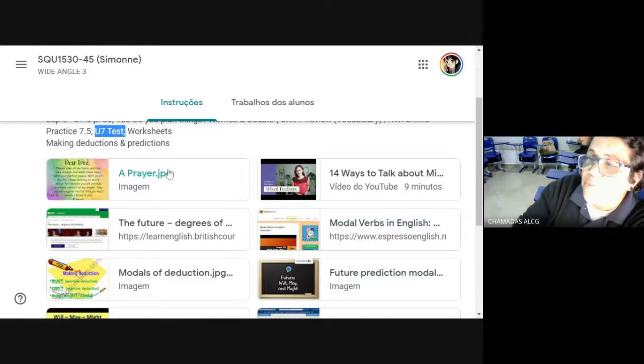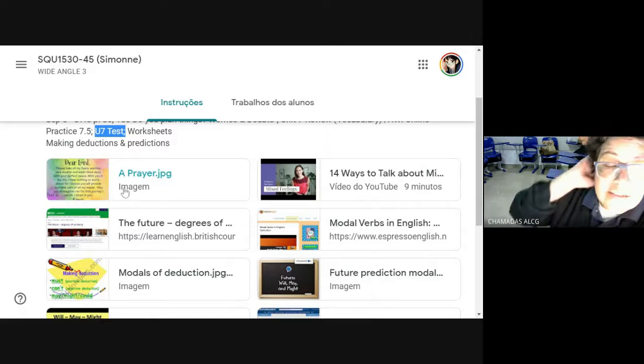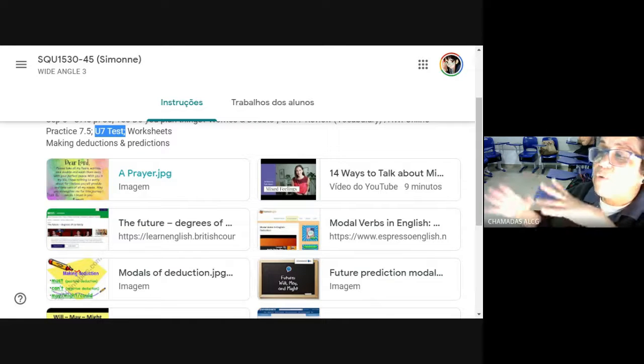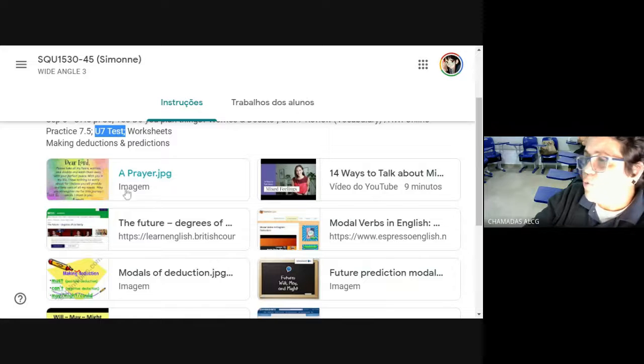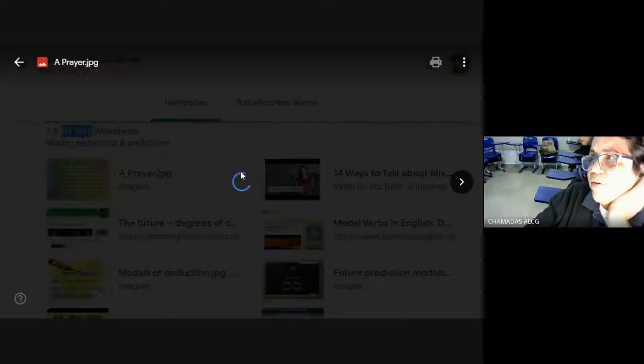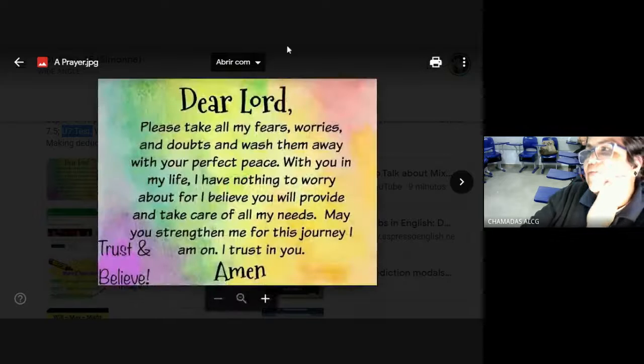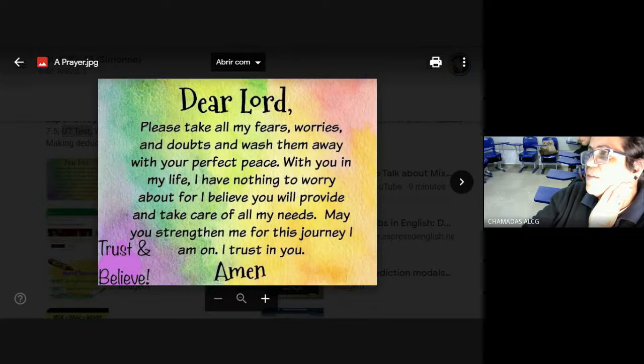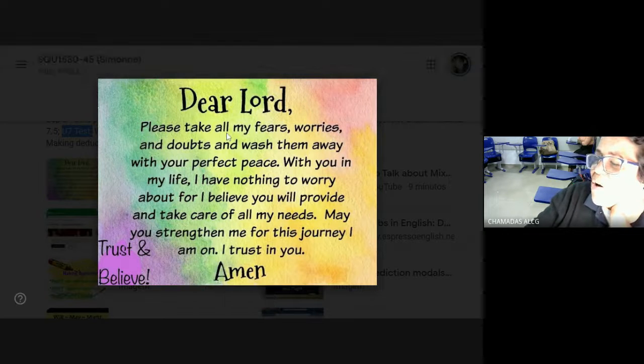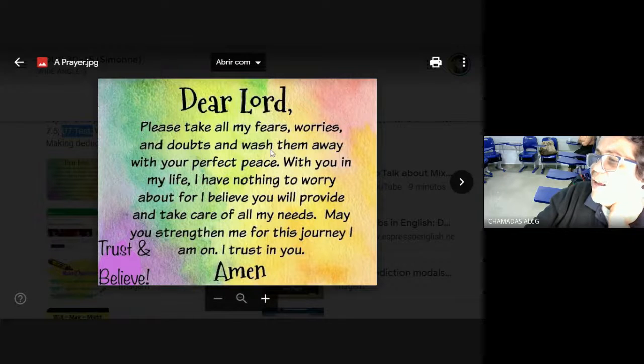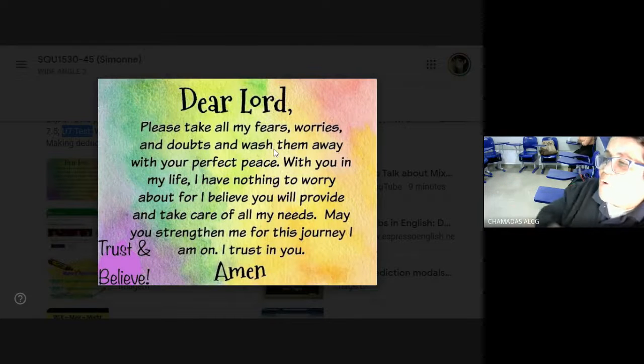They will help you understand. And there is also a prayer that is really nice because it talks about our worries for the future. Let me show you the prayer before we go. It's nice to share that. So it goes like this. Dear Lord, please take all my fears, worries, and doubts and wash them away with your perfect peace.